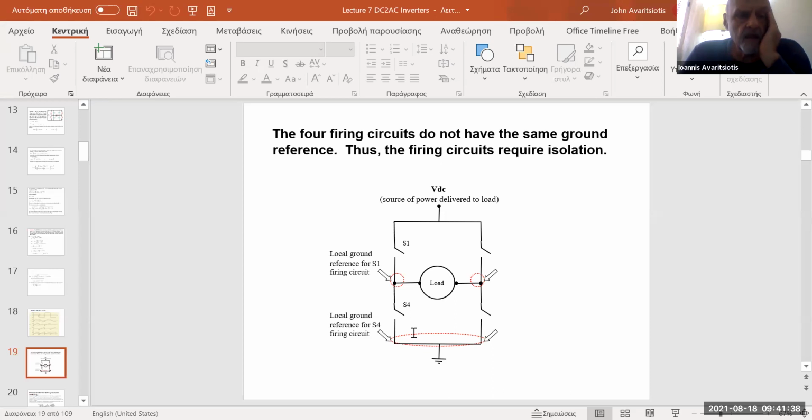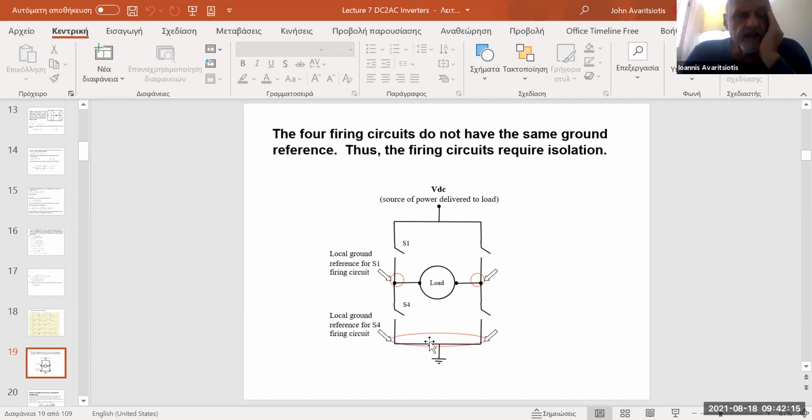Because, for example, if you have a bipolar junction transistor, NPN type, and you want to switch it on and allow current to flow between the collector and the emitter, you have to apply at least 0.7 volts between the base and the emitter. The emitter of this bipolar junction transistor, which has the position of switch S4, is connected to the ground.